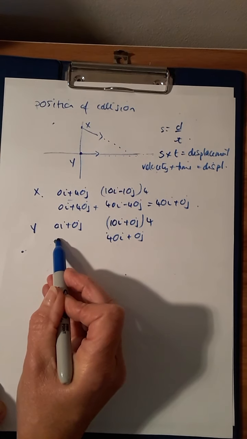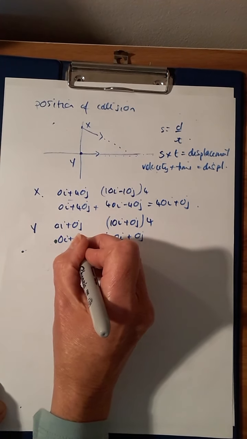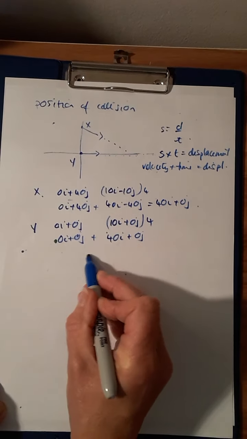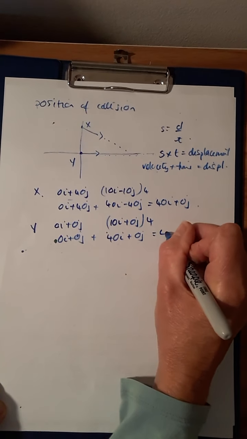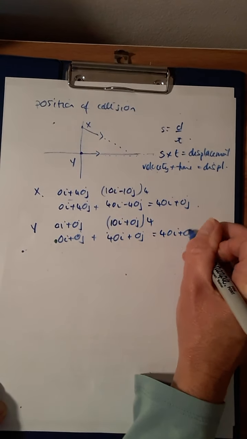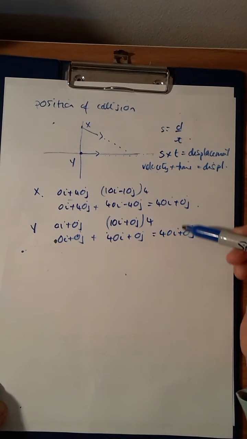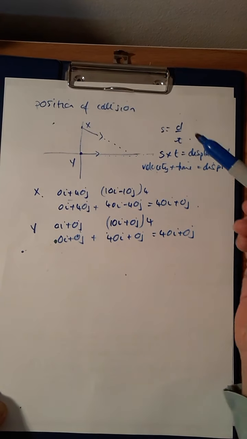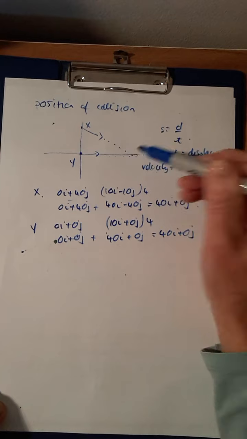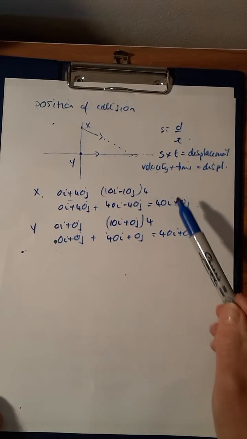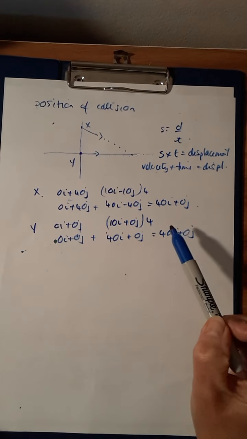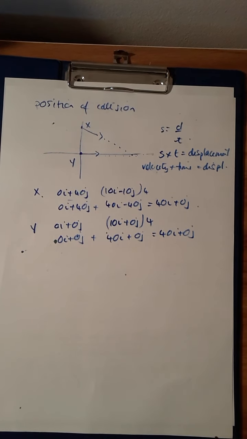It was at 0i plus 0j originally. Now we've added this displacement on. So again, it's now at 40i plus 0j. These two have to be the same, because that's where the collision happens. So they have to be in the same position. You don't have to do both of them, you just do one of them. But I'm just showing you both of them just to prove it to you. Okay.